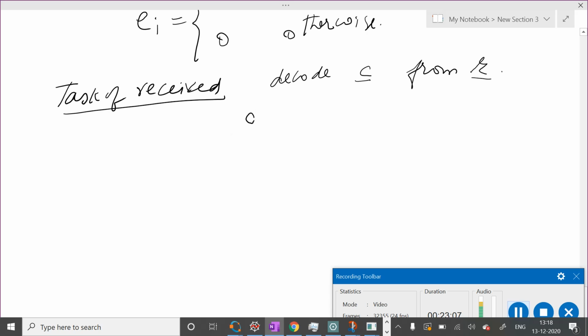If you have a code word and you take CH transpose, it is equal to 0. Now at the receiver, you don't have the code word, rather you have the received vector RH transpose, and definitely if there is an error, it will not be equal to 0. But it contains some information about the error. So RH transpose is a very important quantity, and it is given a separate name called syndrome.